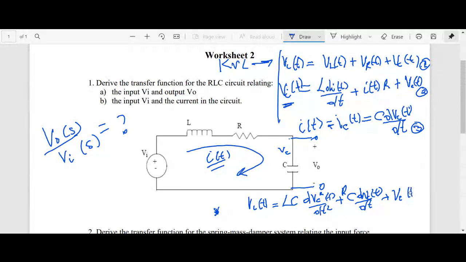Plus VC of t. Any concerns with what is here? I hope we can see what is happening on the function. Are we able to see this and write it more legibly? So this is R times C times dVC dt. All right, so are we able to see that?